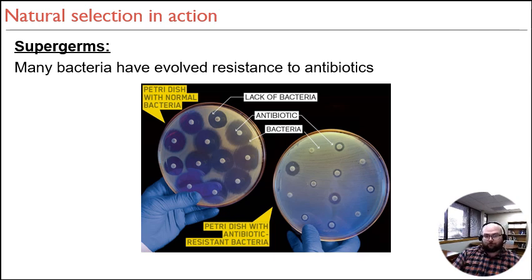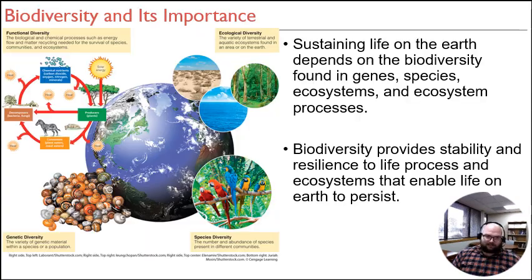And again, that happens through natural selection. Some of these bacteria had a mutation that allowed them to resist the antibiotic and not be affected by it. And over time, through natural selection, those that didn't have the trait died out. Those that had the trait became more prevalent, and so now we've got this new population of bacteria that are antibiotic resistant.